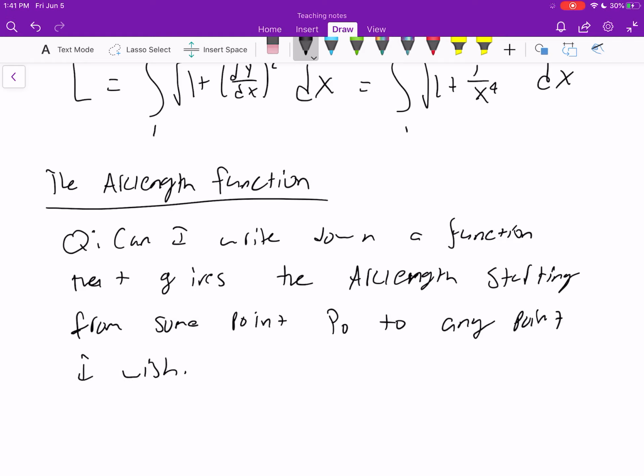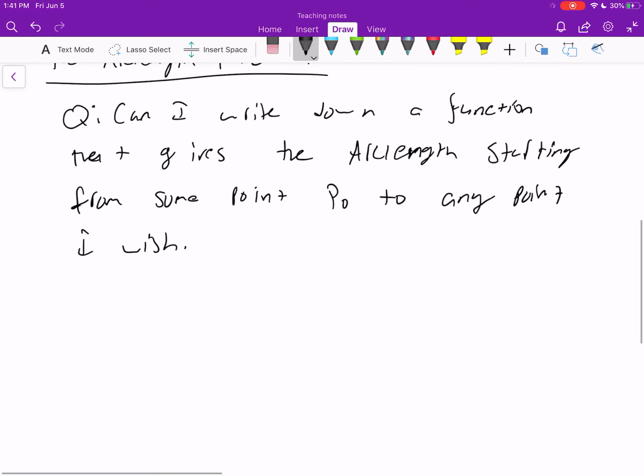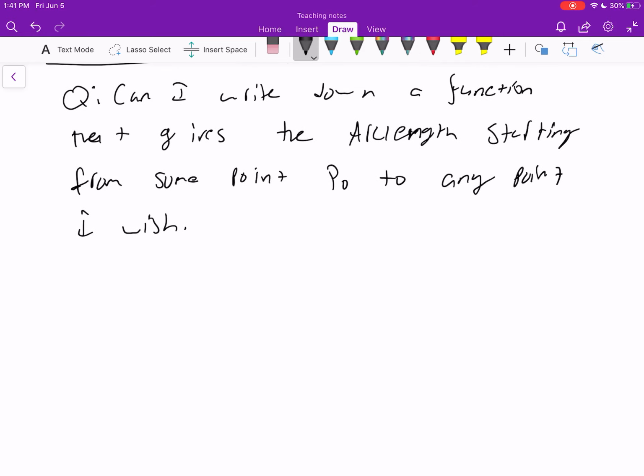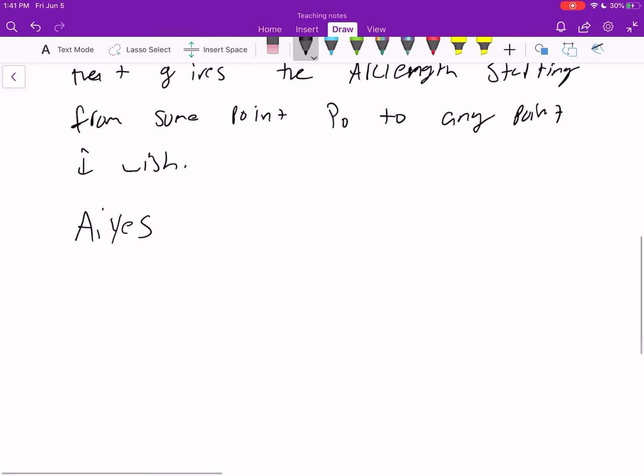What this is asking is, can I do the integral once and get a function that'll give me the arc length to anywhere that I want? And the answer is yes. You might not always be able to do the integral, but you can always write it down.